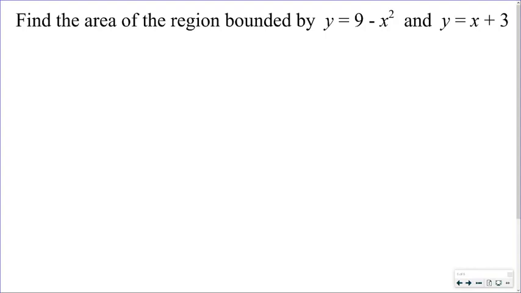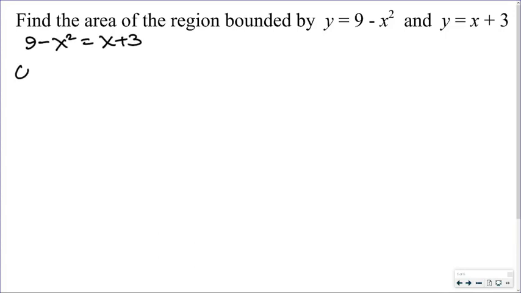Last problem. We're going to find the area of the region bounded by y equals 9 minus x squared and y equals x plus 3. So 9 minus x squared is a parabola upside down. I'm going to find the intersection points by setting these two equations equal to each other.